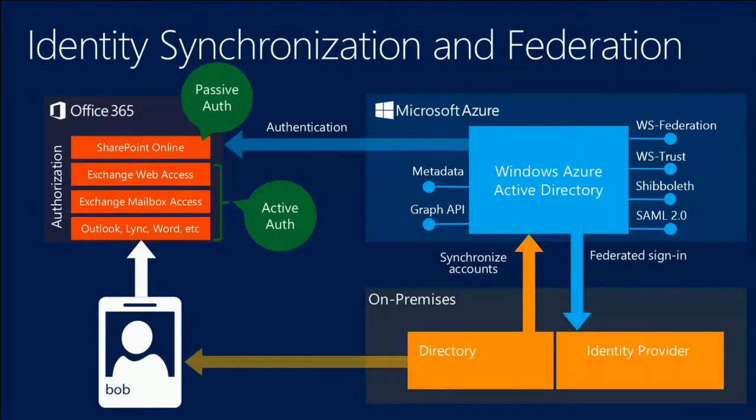Or where the Office sign-in assistant, on behalf of Word, Excel, PowerPoint, will show a username and password box, actively grabs that detail, and the sign-in assistant uses WS-Trust and connects with Microsoft Azure AD and validates the password that way. So that's what passive auth and active auth means. And then you've got Bob. Bob's the user who's signing in, so he's just the extra part of that diagram there.